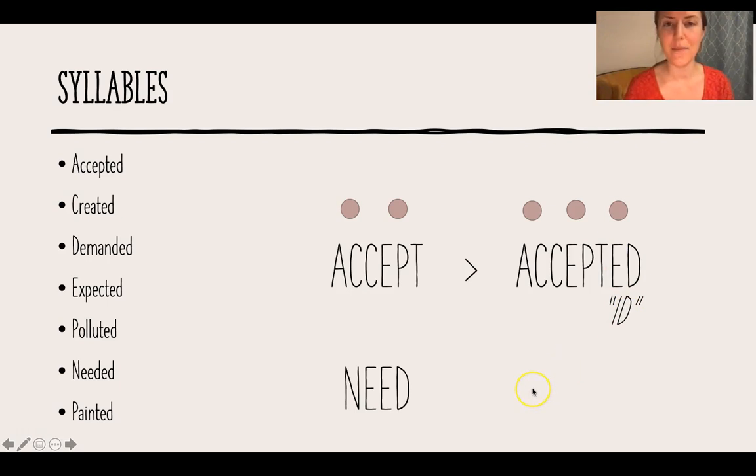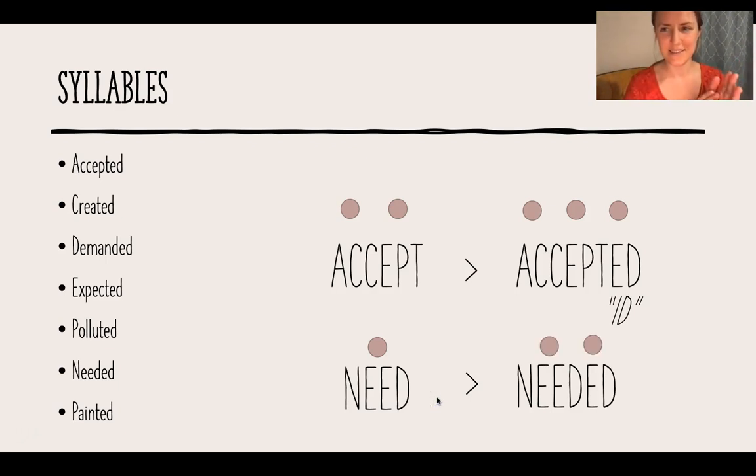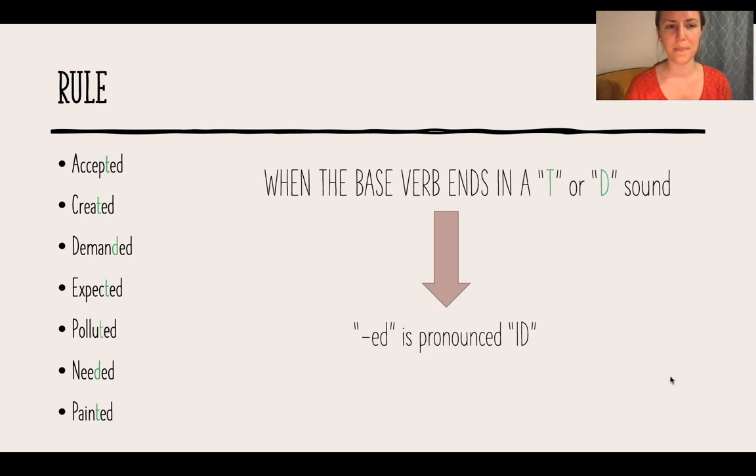Let's do need. How many syllables are in need? One syllable. When we change it to past tense, it becomes needed. Two syllables. And the ed is pronounced id. So what's the rule? If you notice, in all of these verbs, what does the base verb end in?